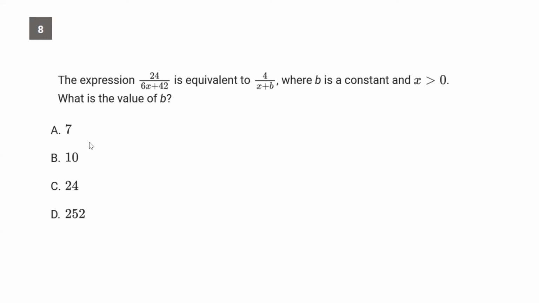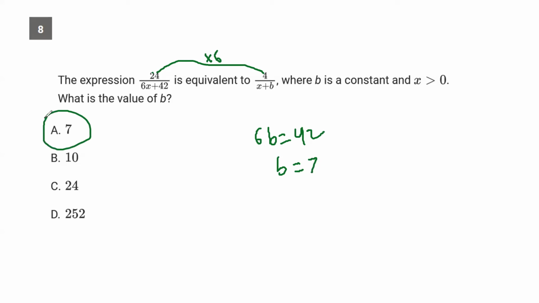And this is the one where I said, well, notice how you're multiplying 4 by 6 to get 24, right? And x by 6 to get 6x. So then you're going to say 6b equals 42 and b equals 7, right?